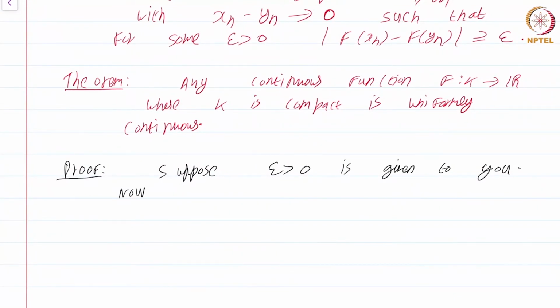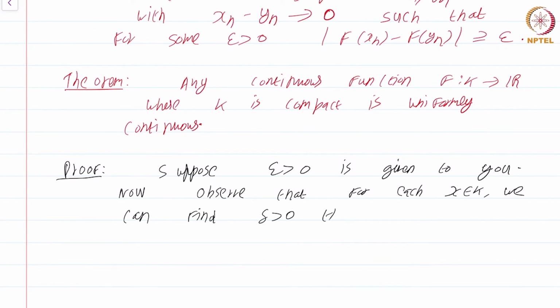Now observe that for each x in K, we can find delta greater than 0 that satisfies the epsilon delta definition, right? That's because the function is given to be continuous.